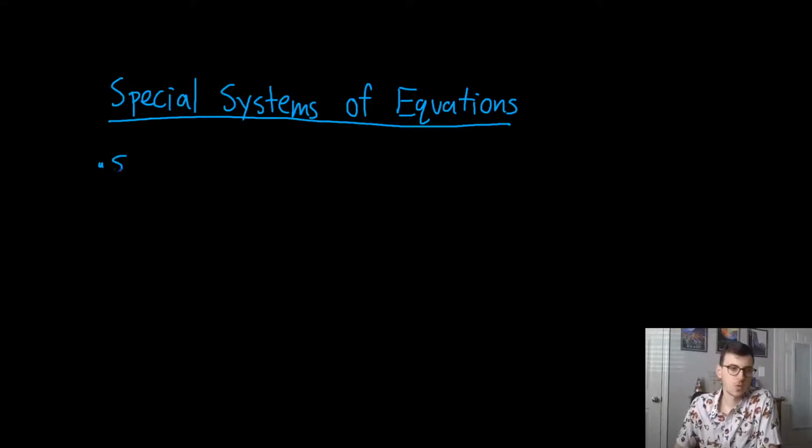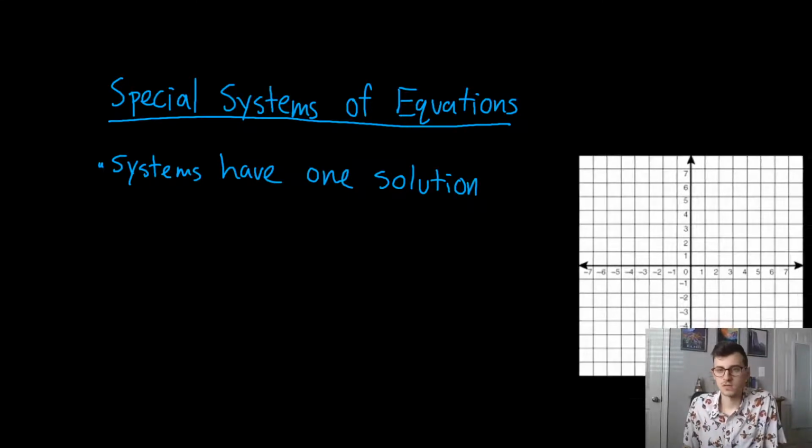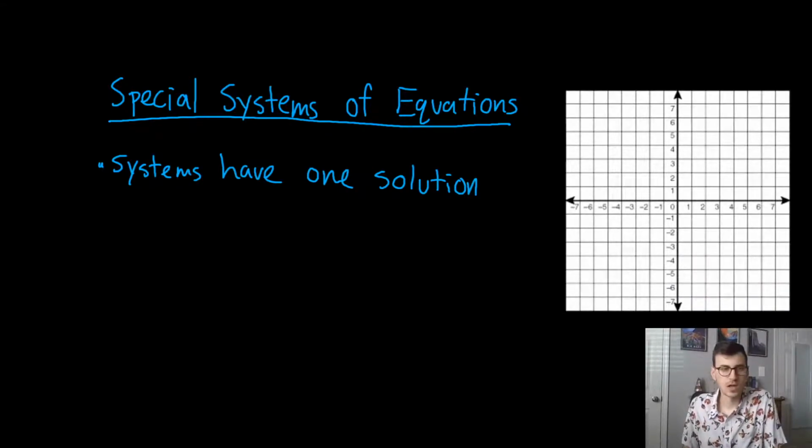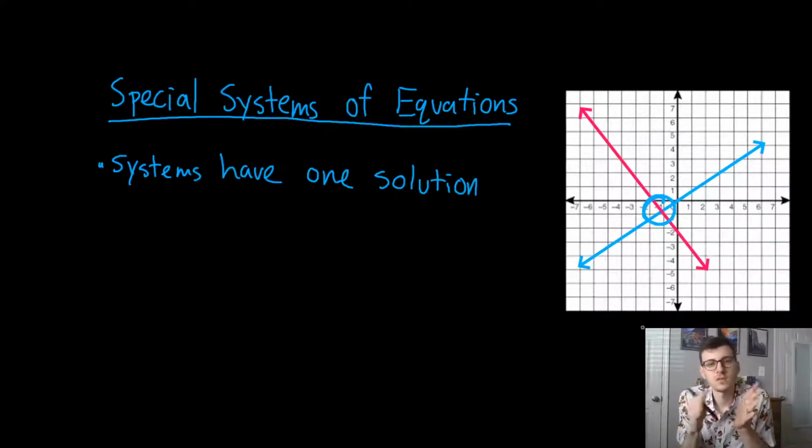That's your basic case: you have two lines and they intersect, and your solution is the point where they intersect. We've talked about that quite a bit. So that's when systems have one solution.